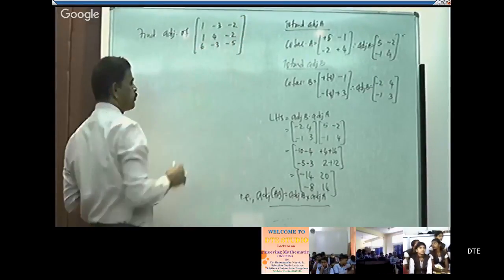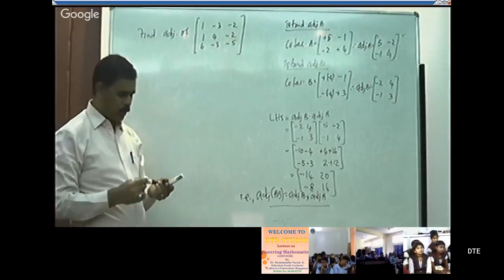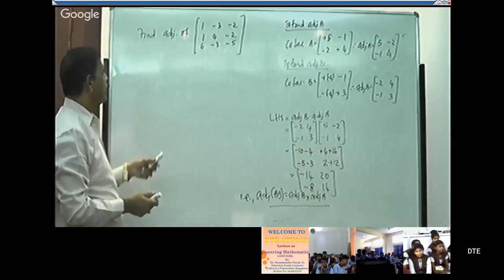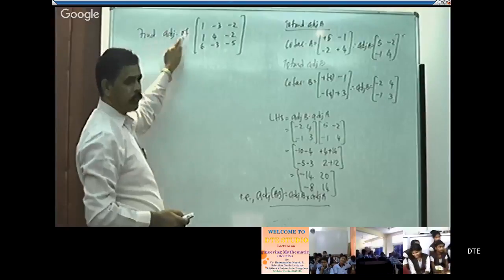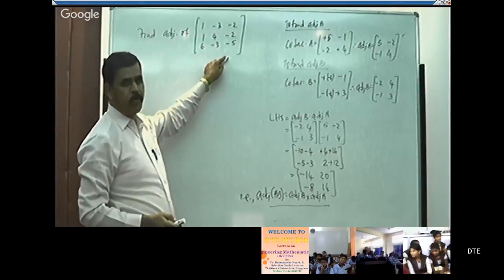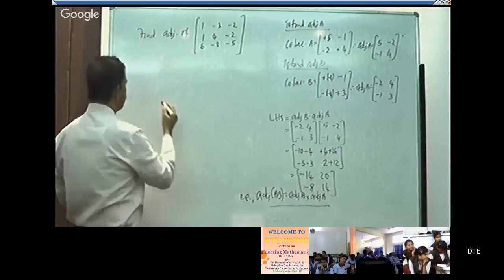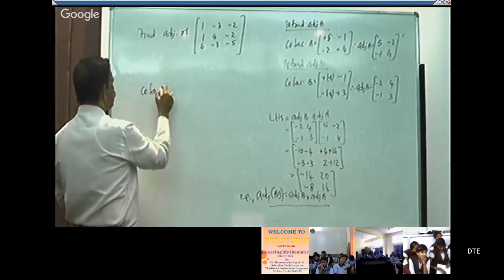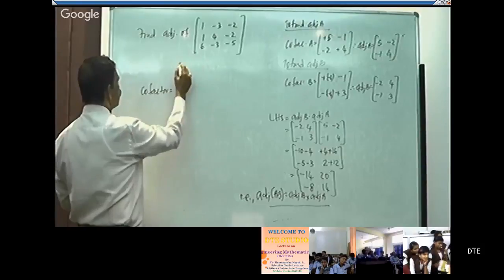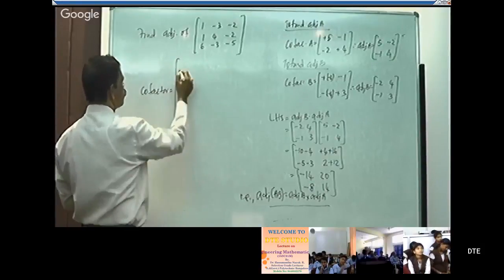Let us take some square matrix of order 3 cross 3. To write the adjoint, first we need to find the cofactor, right? How to write the cofactor for 3 cross 3? You take the standard symbols first. What is the standard symbol?